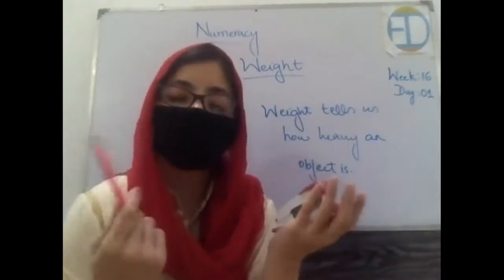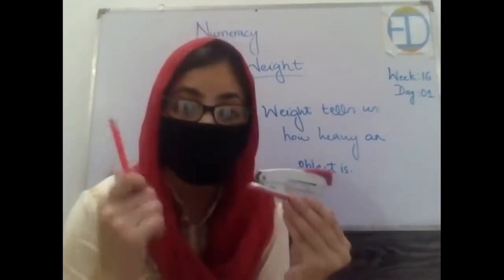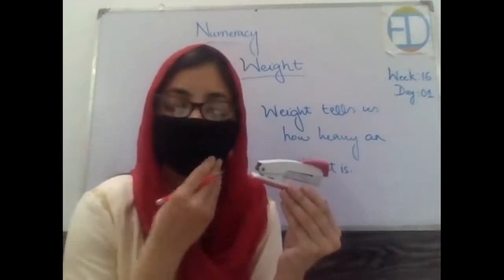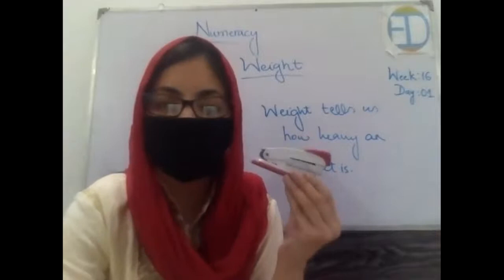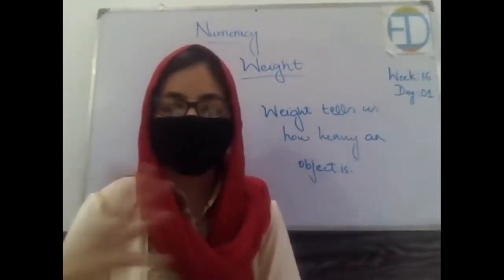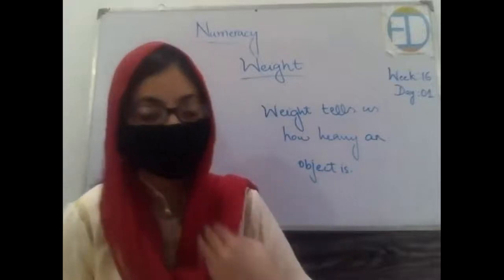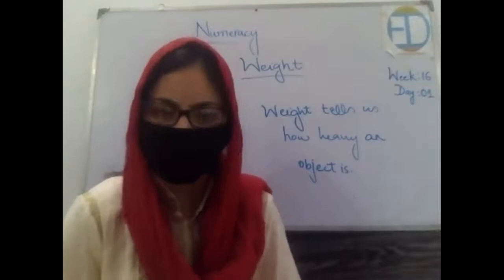And how do I come to know about this? Because the weight of this stapler is more than this pencil, right? And weight tells me basically how heavy this stapler is. Okay, now like we are making comparisons between different objects, in all of these comparisons, I have used different objects. We can use the same objects as well.